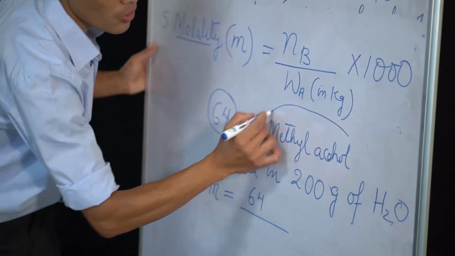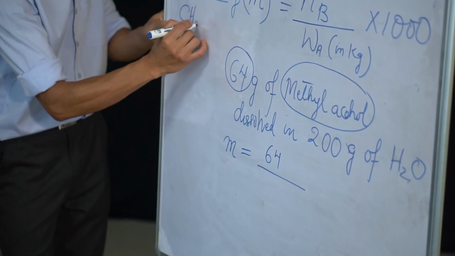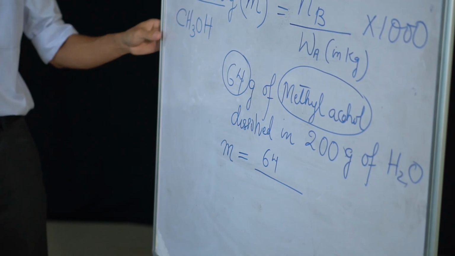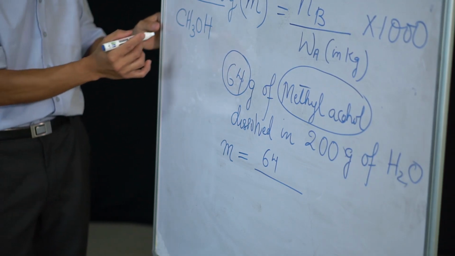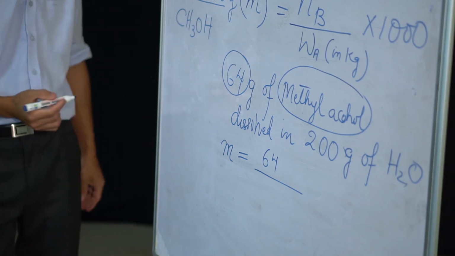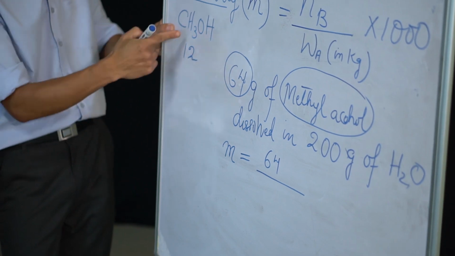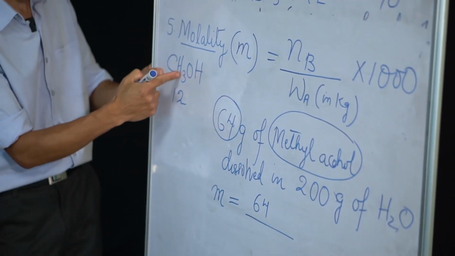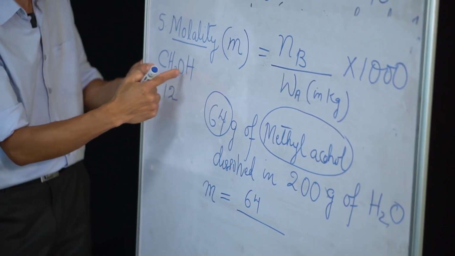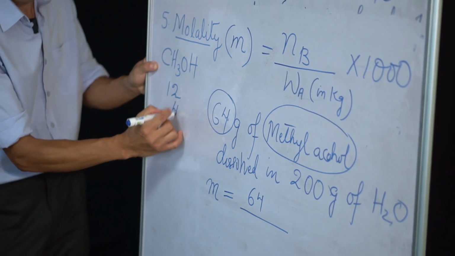Now, methyl alcohol, its formula is CH3OH. So once again, we add up the atomic masses to get the molecular mass. Mass of carbon is 12. Hydrogen, we have 4 atoms of hydrogen here. Each hydrogen has mass 1, so total mass of the 4 hydrogen atoms should be 4.